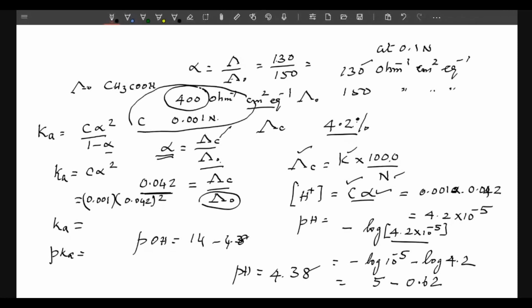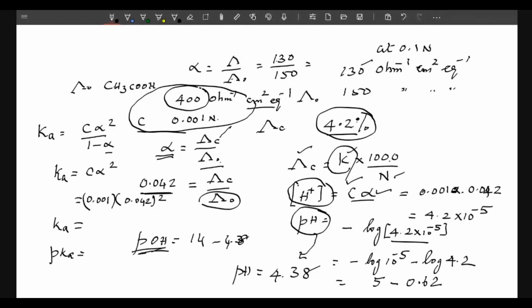Lambda naught and C, and the degree of dissociation, you can calculate the kappa, the specific conductance. You can calculate the H plus ion. After finding the H plus ion, you can calculate pH. The third thing, if you are able to calculate pH, you can calculate pOH of the solution.